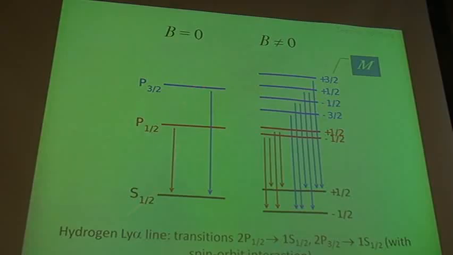This is the hydrogen Lyman alpha line, which is obtained with transitions between the base level and two excited levels. If the magnetic field is 0, it is simple; if the magnetic field differs from 0, look what a mess you have. This line splits into 4, this line splits into 2, and this splits into 2. And all these transitions will obviously be close to each other.